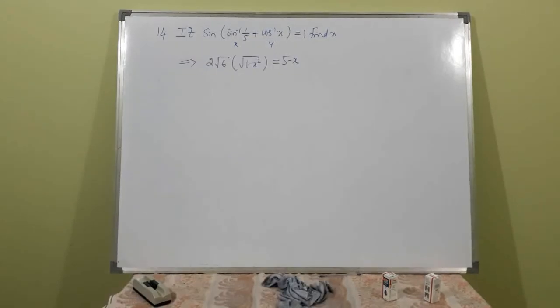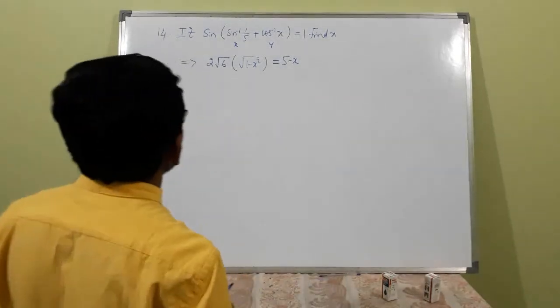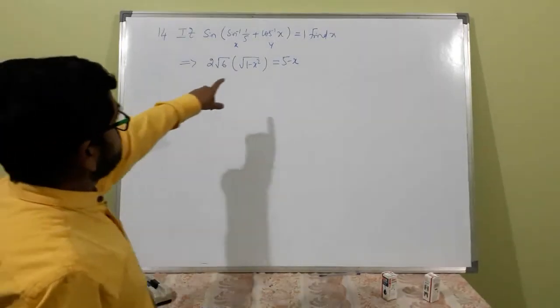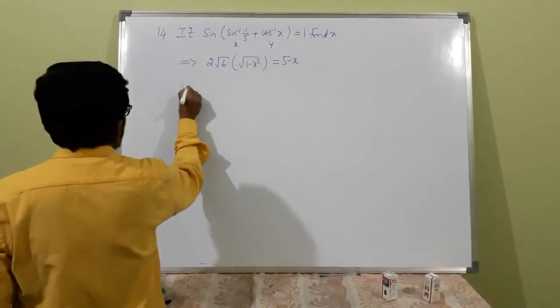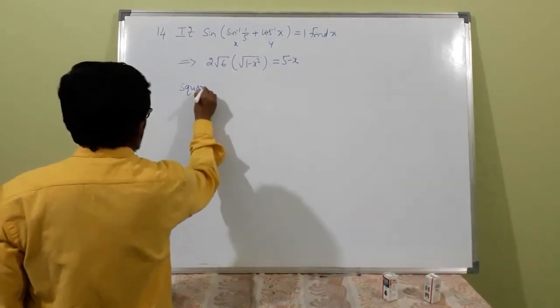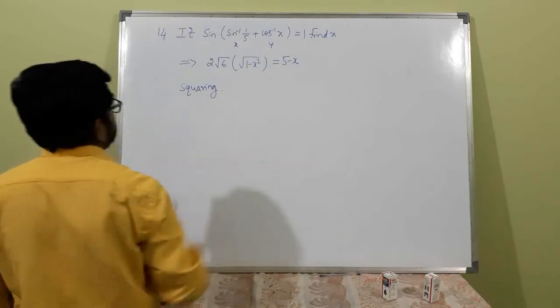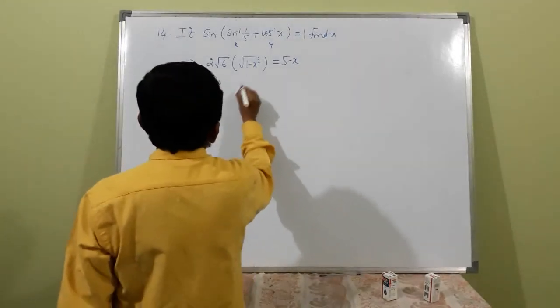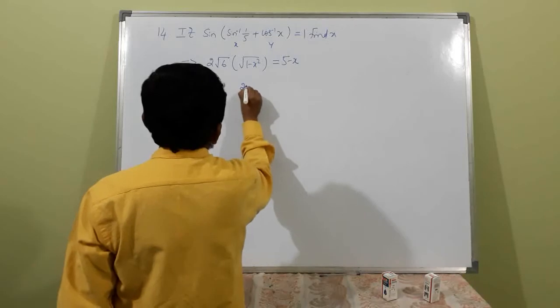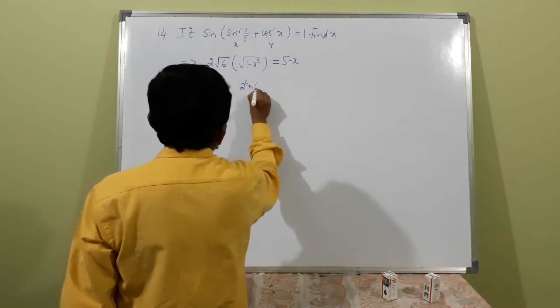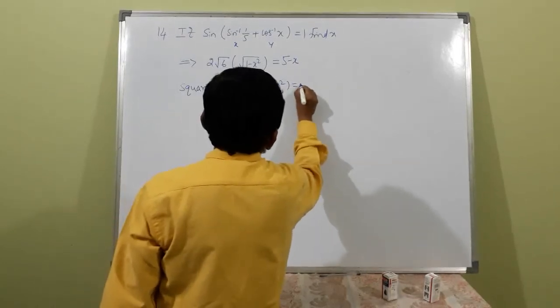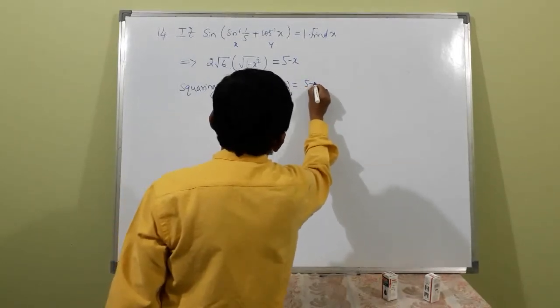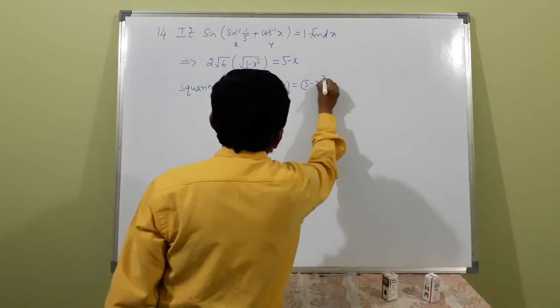So if you take x to the other side, it will become 5 minus x. So 2 root 6 into root of that much. So if you square, what happens? 2 squared into 6 into 1 minus x squared is equal to 5 minus x whole squared.